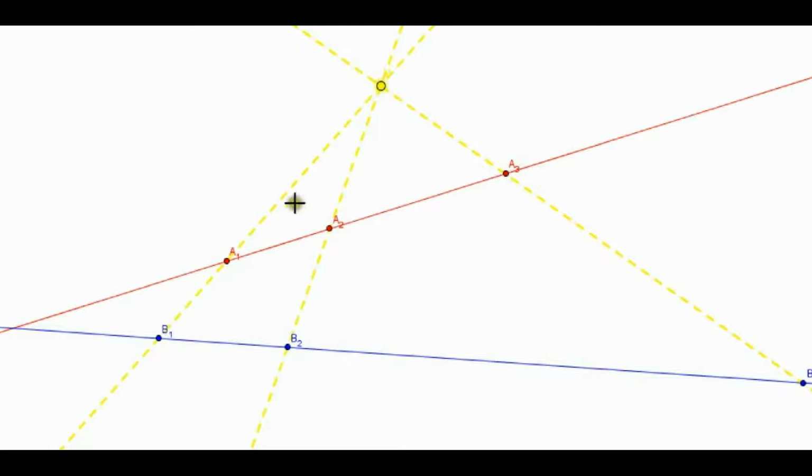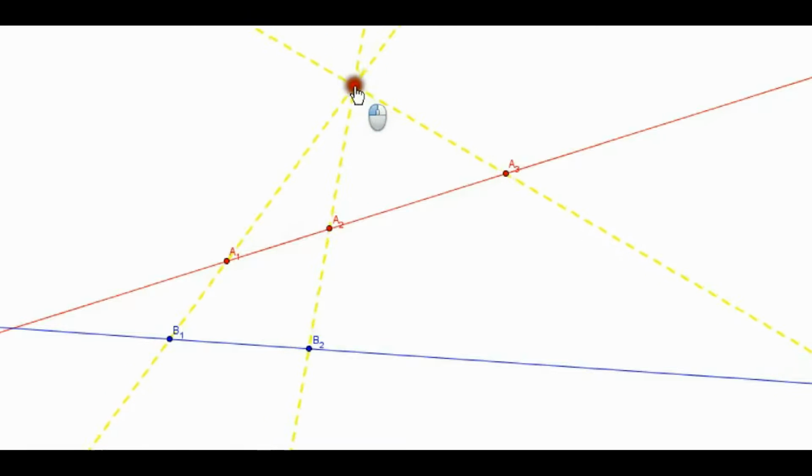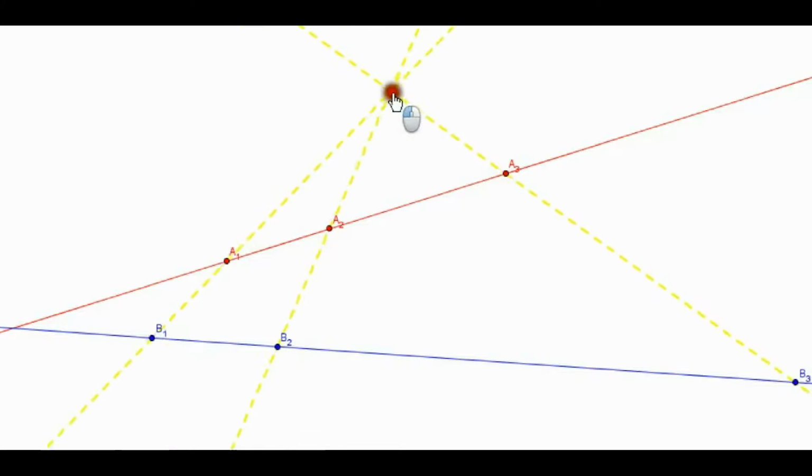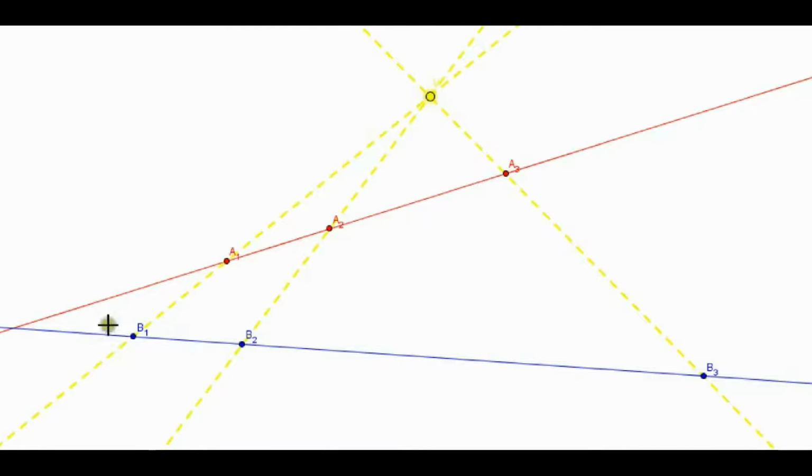And you see that the corresponding members of the sequences are each on a line which passes through this centre point V. So, more visually, if we draw these lines through V, we can draw a line that goes through A1 and B1, so that puts them in correspondence. The next line puts A2 and B2 in correspondence. And this next line puts A3 and B3 in correspondence.